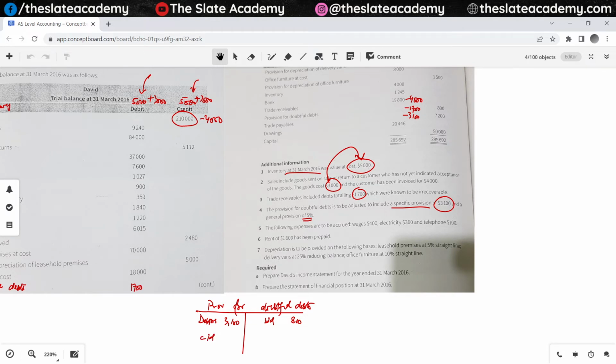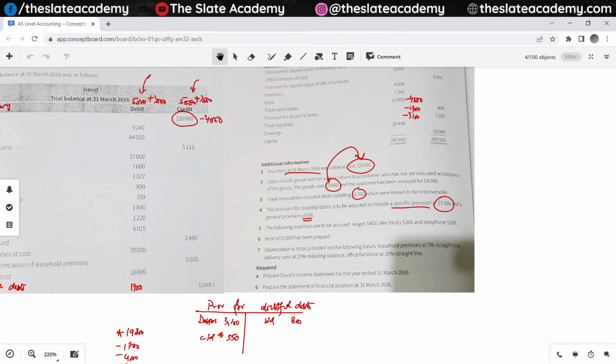Carried down is 550. It is always a good idea to show your calculation, on what amount you have applied this percentage. Or you can show an asterisk over here, and over here you can show the complete calculation. 19,800 minus 1,700 minus 4,000 minus 3,100.